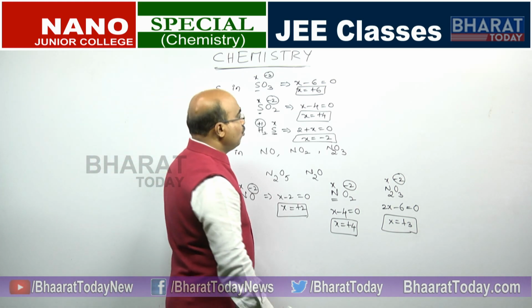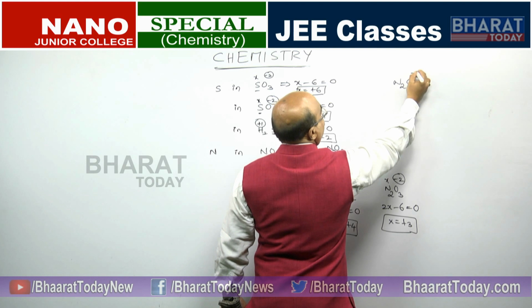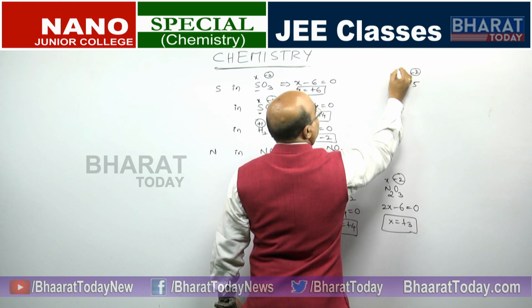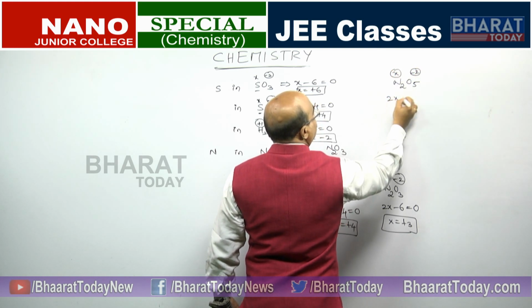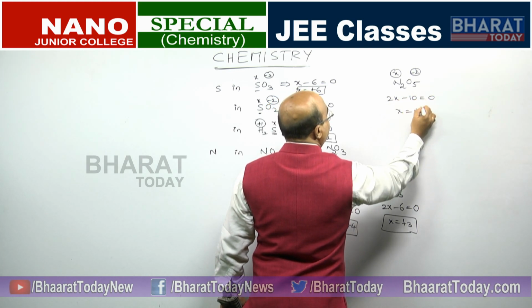Then N2O5: 2X minus 10 is equal to 0, X is equal to +5.